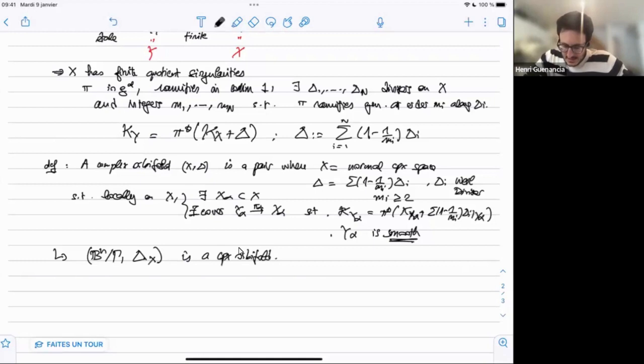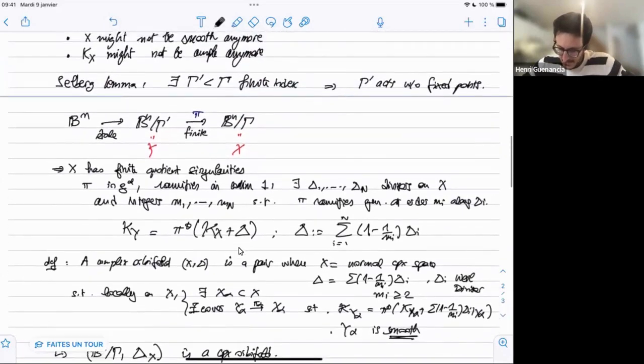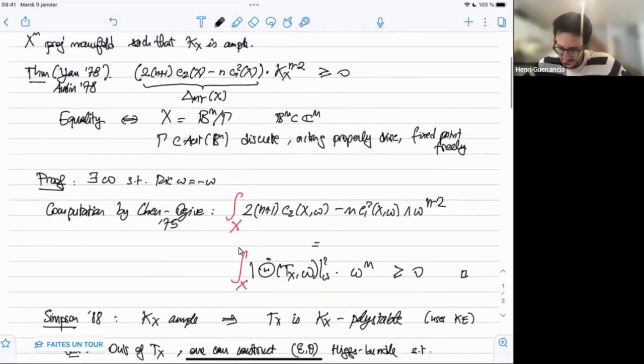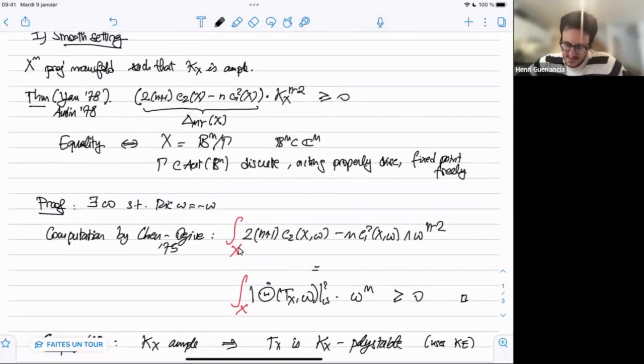So I'm going to make a small pause here and look at the first theorem that I stated. That says, okay, if you have a projective manifold with KX ample, then you have a Miyaoka-Yau inequality. Equality happens if and only if X is étale, the universal cover of X is the ball. Now, if I replace X here by a pair, a complex orbifold, projective orbifold, such that KX plus delta is ample, I can make sense of orbifold Chern classes.